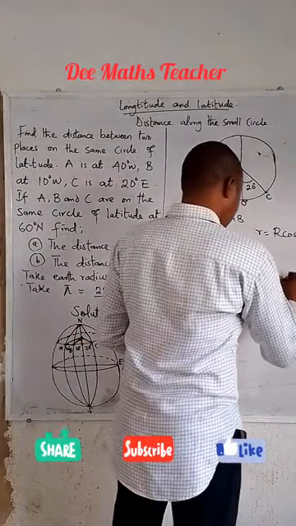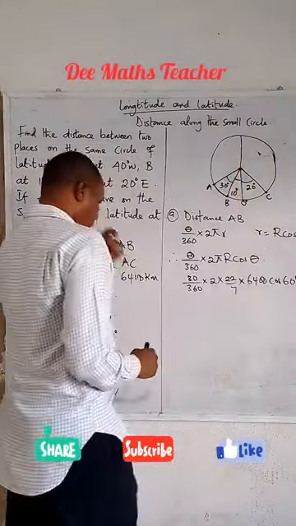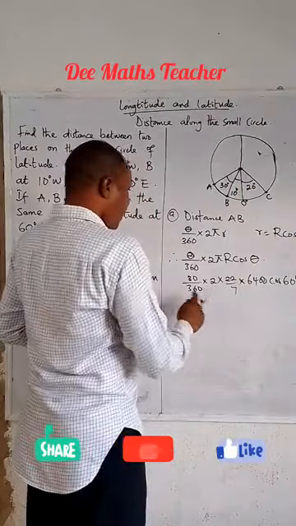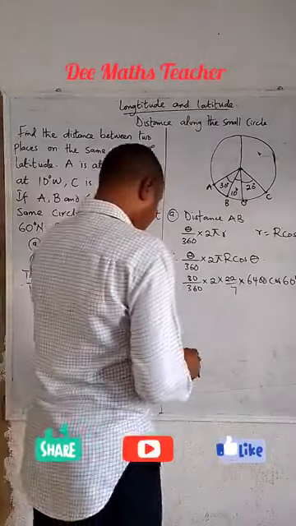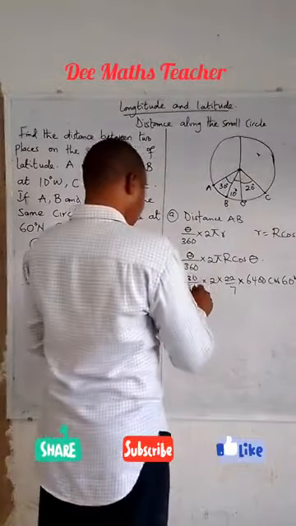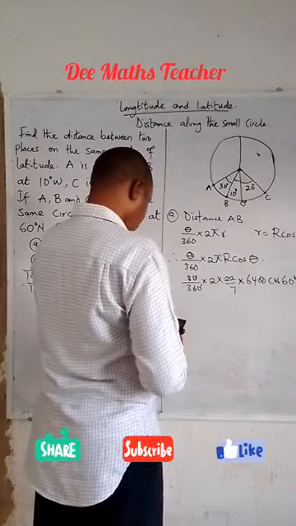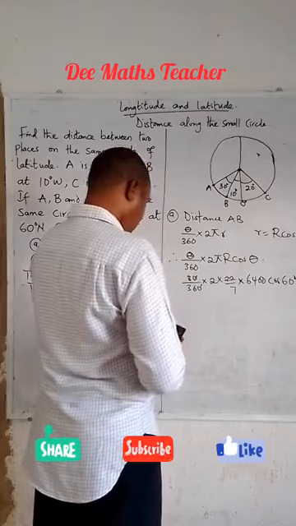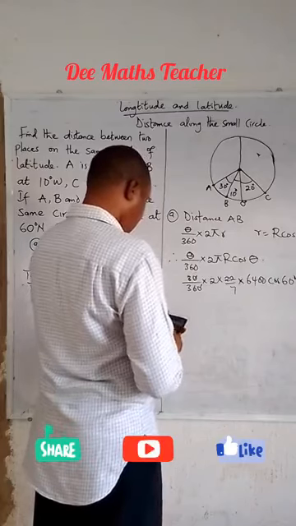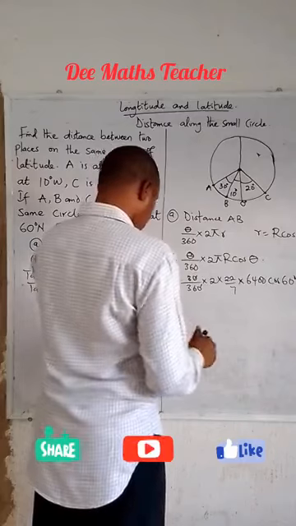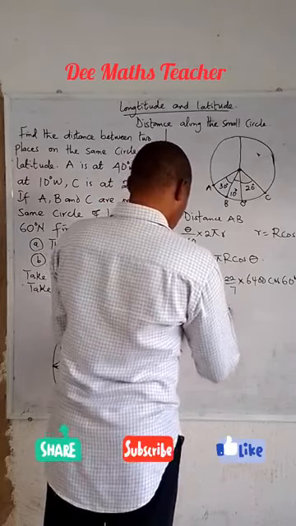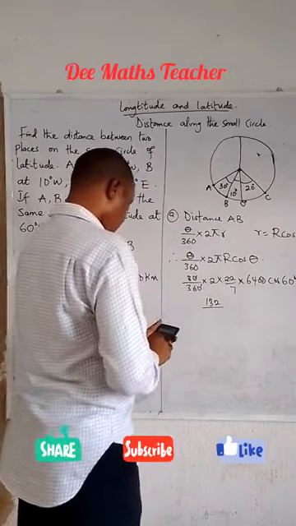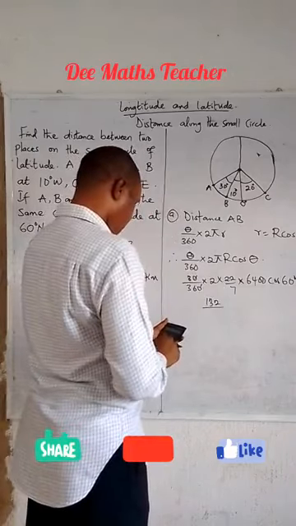Alright. If we multiply all of this together, we are going to have this cancel this. We are going to have 3 times 2 times 22, so we have 132 over 36 times 7.